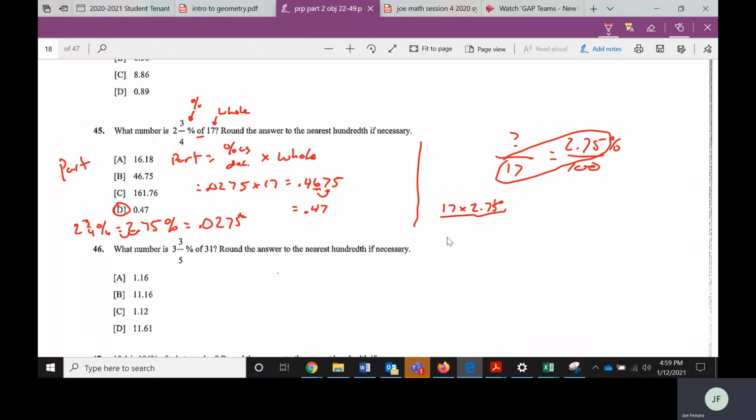We leave it as a percent, which is 2 3/4, or 2.75. Okay, so here you get 46.75 divided by 100 again, which is 0.4675. But just like we did over here, we round. So we look at the next number. We get our final answer of 0.47.